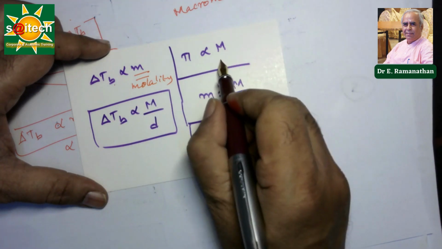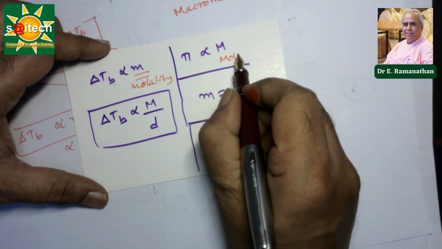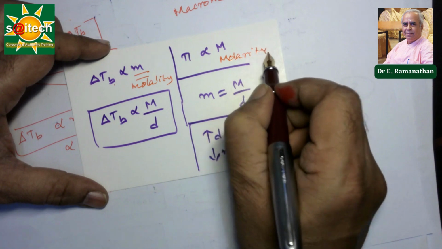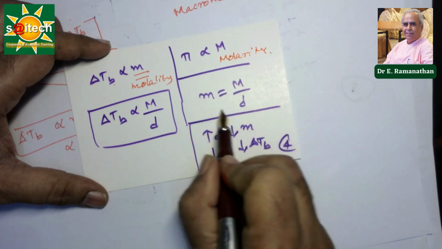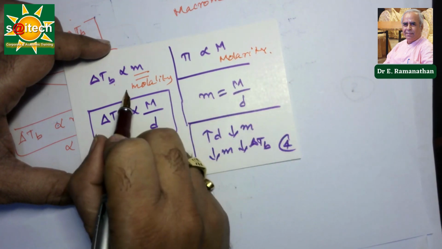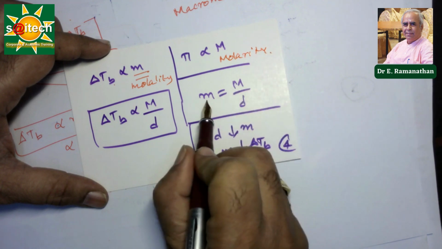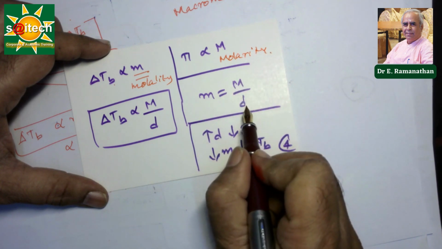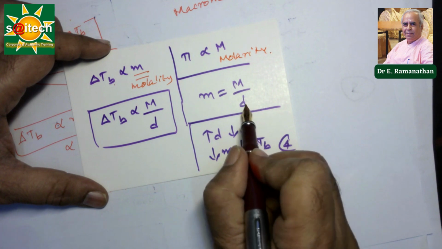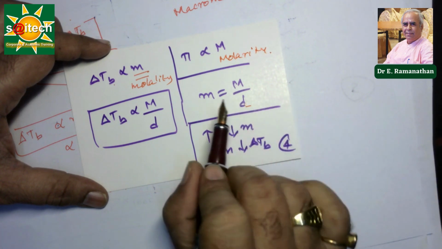And what about this? This is molarity, M. So we have already got the relation between molality and molarity. So m is equal to M divided by D, where D is the density of the solution, right?